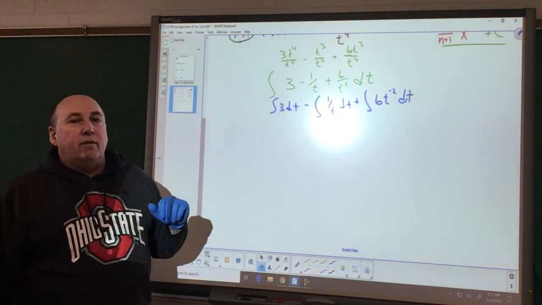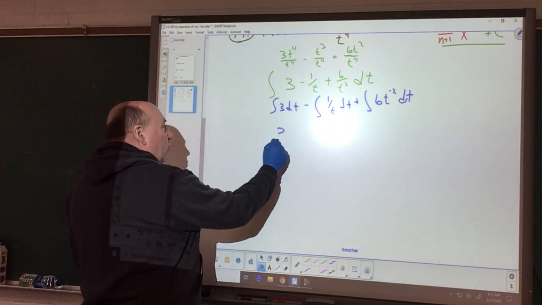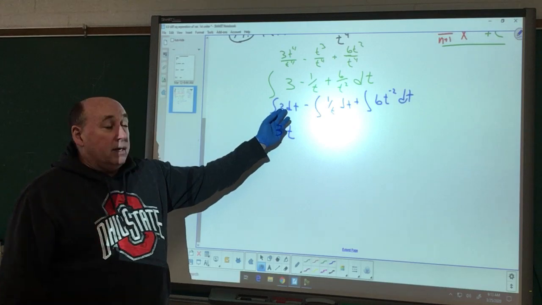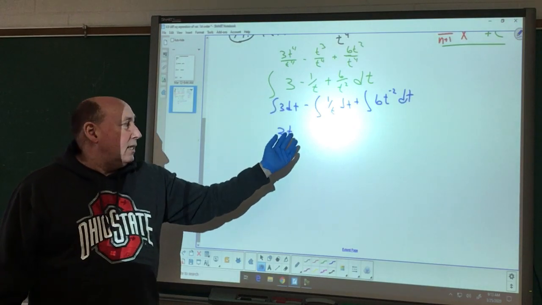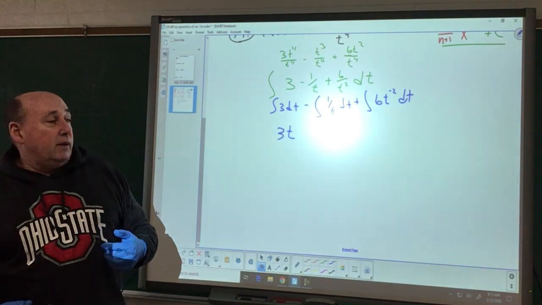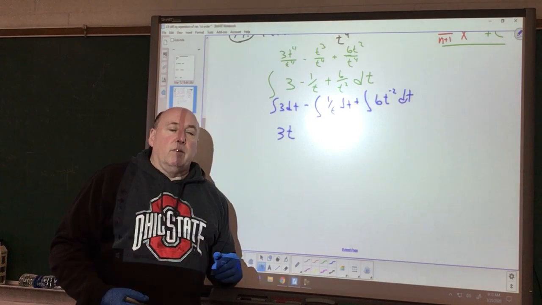If you take the antiderivative of a constant, if you remember what we came up with yesterday, this is 3t, because the antiderivative of a constant gives me more, rather than taking it away to 0 like the derivatives did. Now if you remember why I didn't change this, what's the antiderivative of 1 over t?